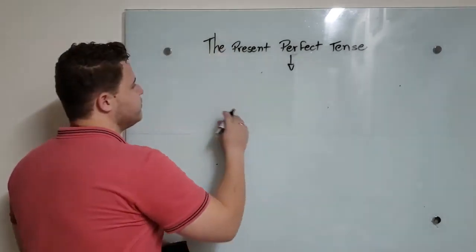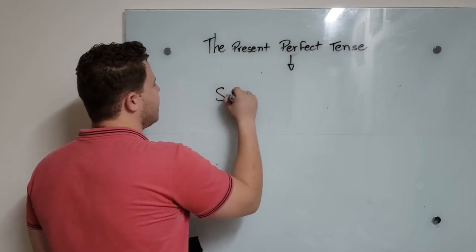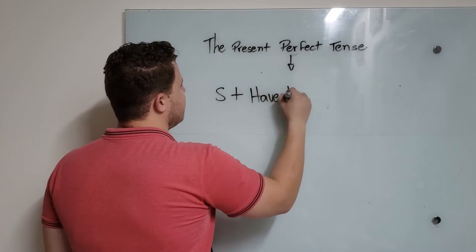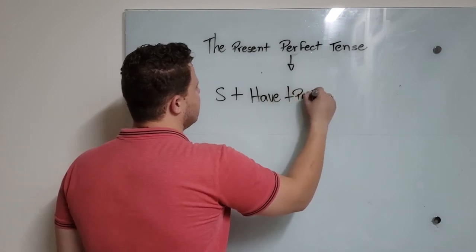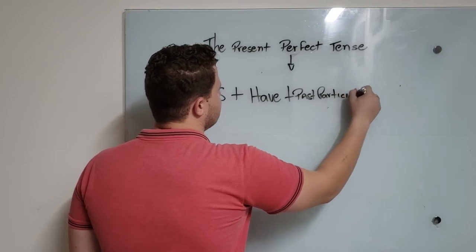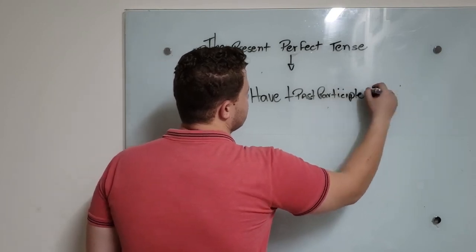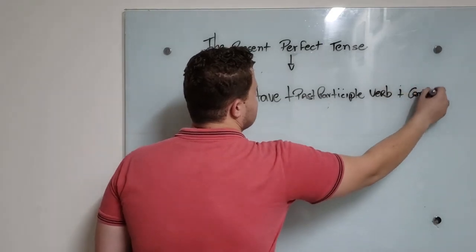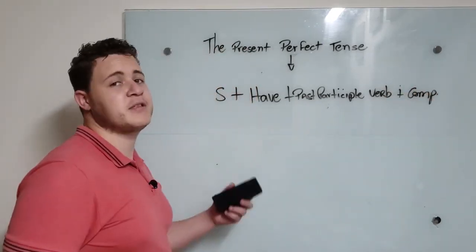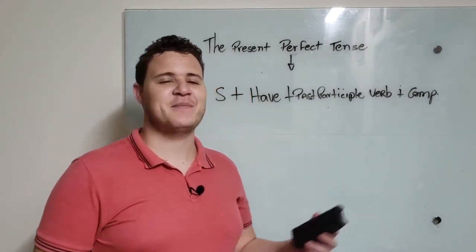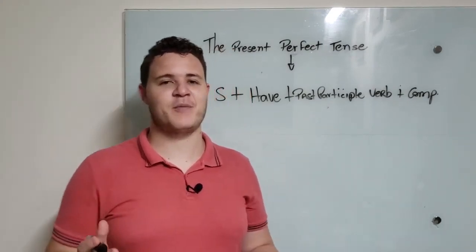And the structure, I'm sure you are familiar with: S for subject, then verb, past participle, and then complement. This is a structure we talk about all the time in English. It's the basic SVC: subject, verb, and complement.